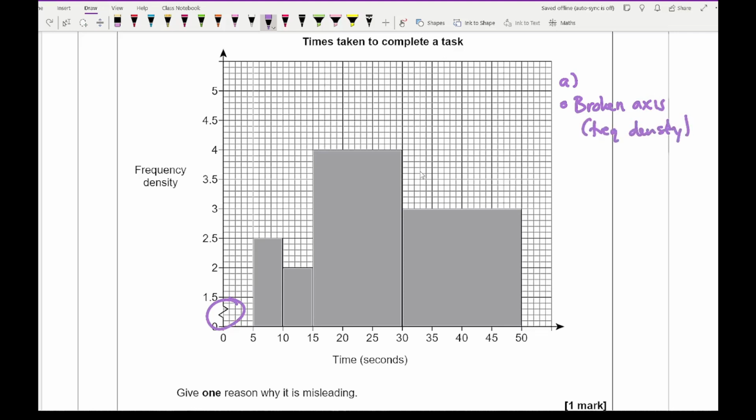Something along the other lines is that the height is not comparable to the proportion, because obviously we're missing part of the graph. You could also say that the scale is not continuous from 0, and so again, these are all viable answers that you could give for that single mark.